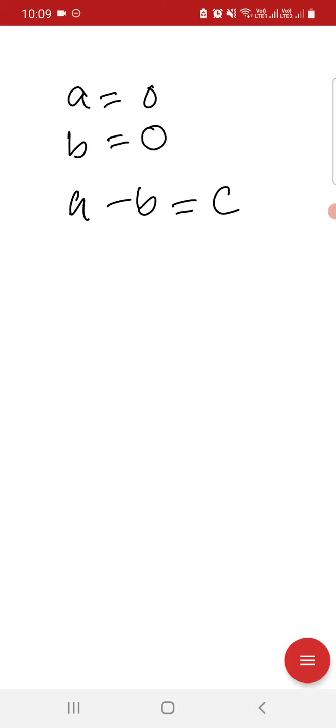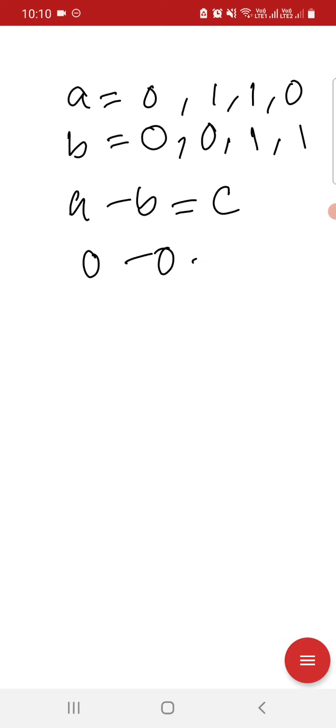What will be the result? 0 minus 0 will be 0. 1 minus 0 will be 1. That is easy, because you subtract 0 from 0 and 0 from 1.